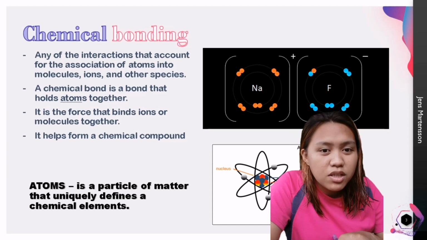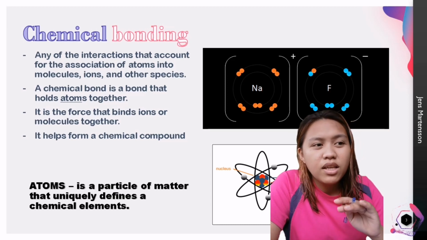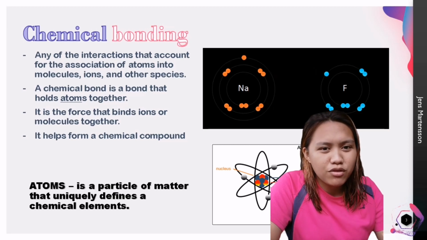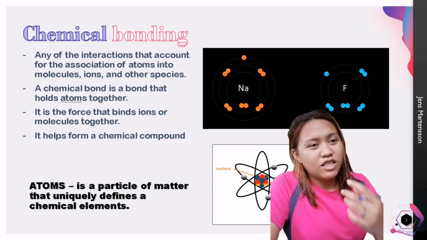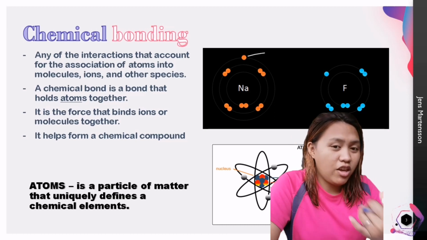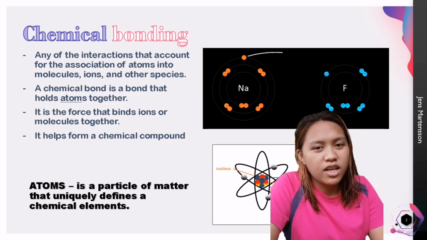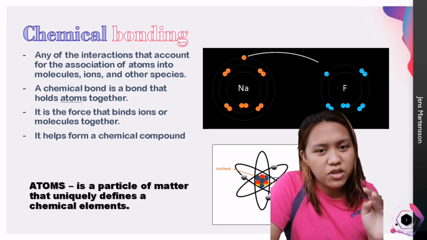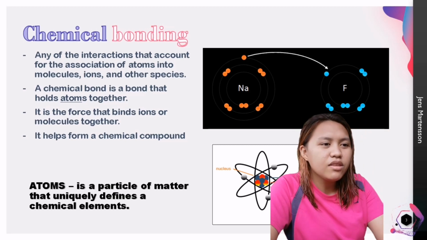Atoms are extremely small, typically around 100 picometers across. Examples of atoms are neon, hydrogen, argon, iron, and especially calcium.